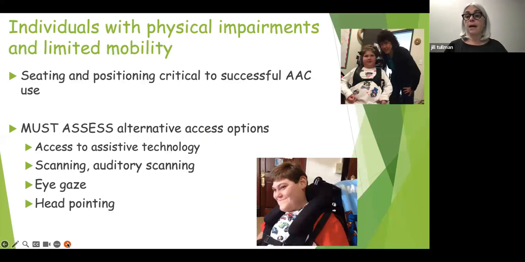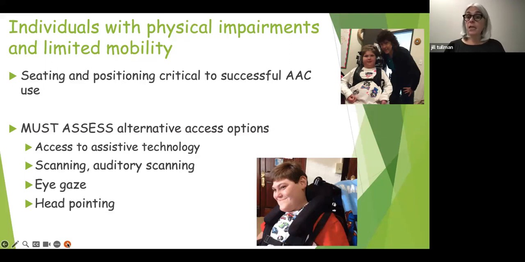I don't know that we have anybody on the call or on Zoom who is working with or living with individuals who have physical impairments or limited mobility, but I just wanted to throw this in there for our friends who have physical impairments and limited mobility and rely on wheelchairs.